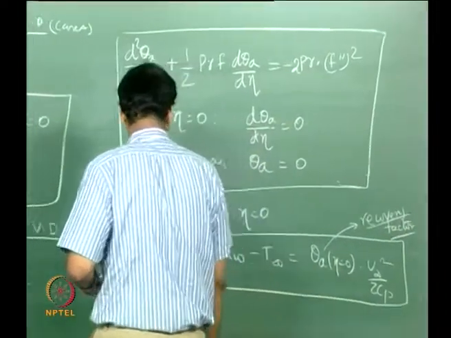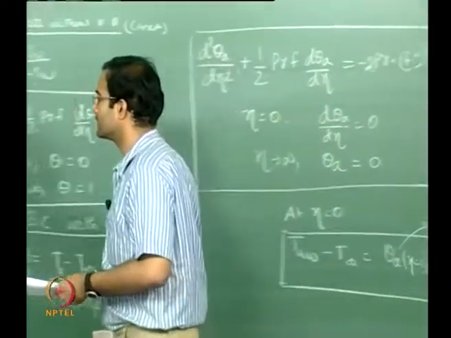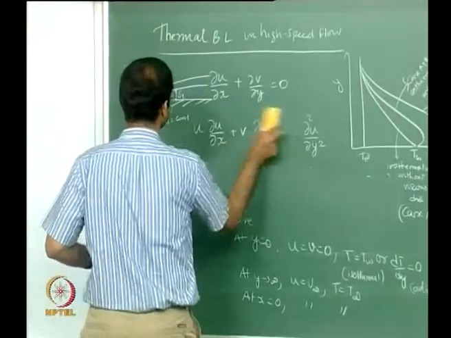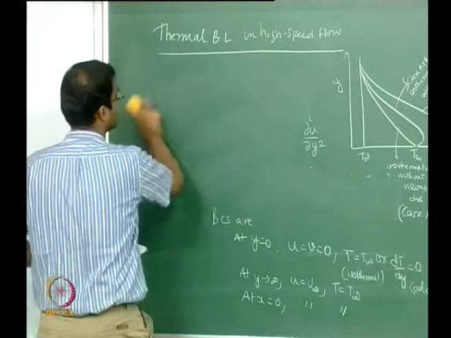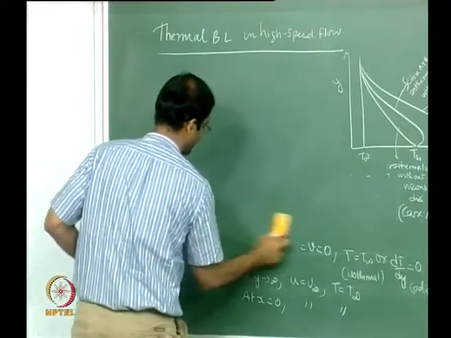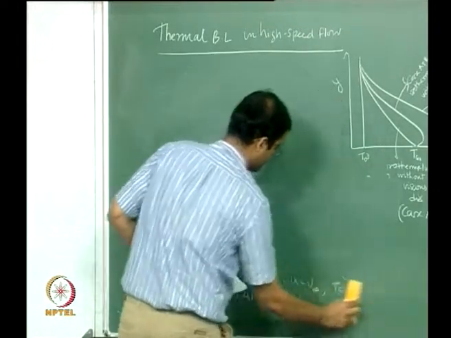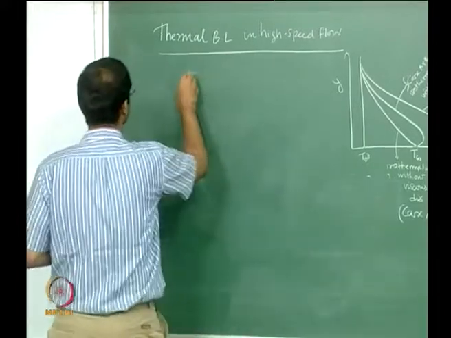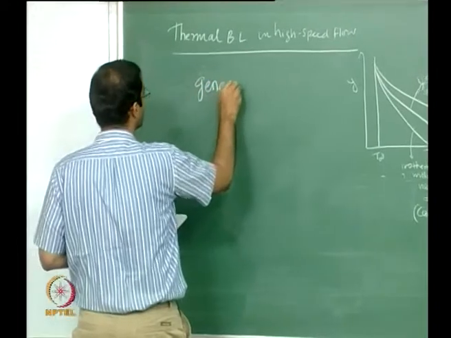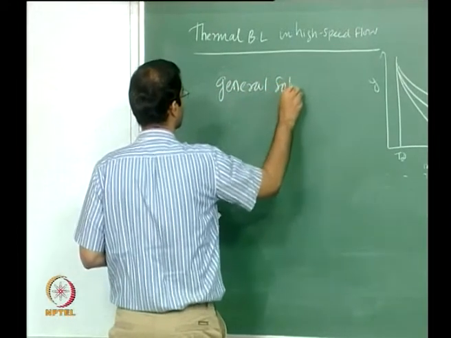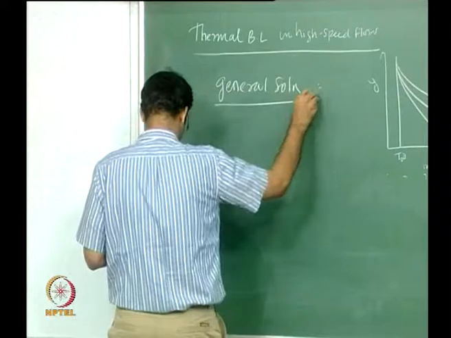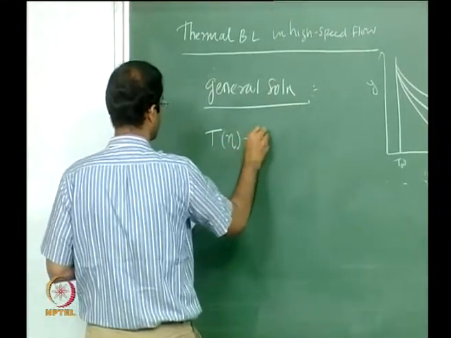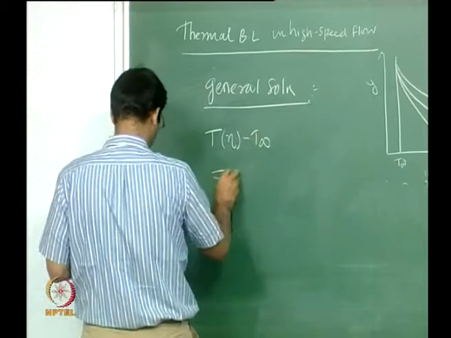Now I am going to propose a general solution which is a combination of the two cases. I am going to define T as a function of eta minus T infinity.